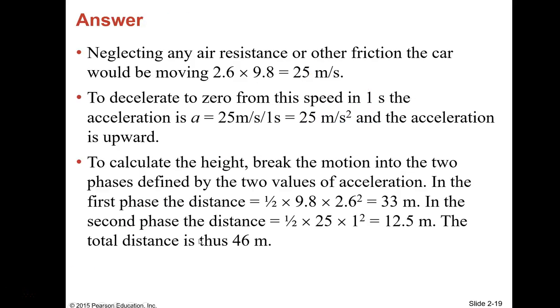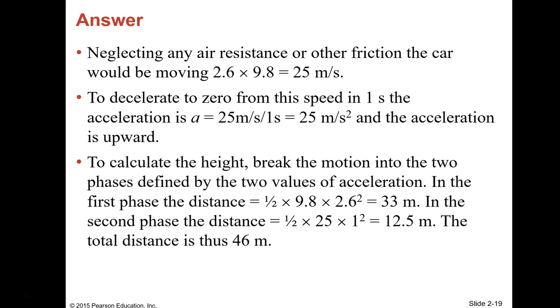So here are your answers to that problem. We know that the object is accelerating at a rate of 9.8 meters per second squared, and we know that it falls for 2.6 seconds. So 2.6 times 9.81 meters per second squared gets us a final velocity of 25 meters per second.